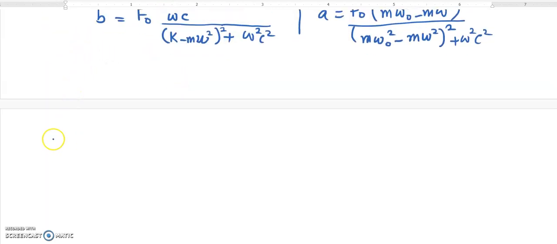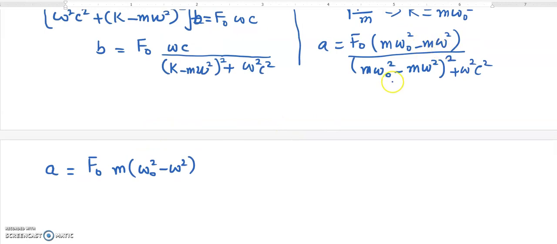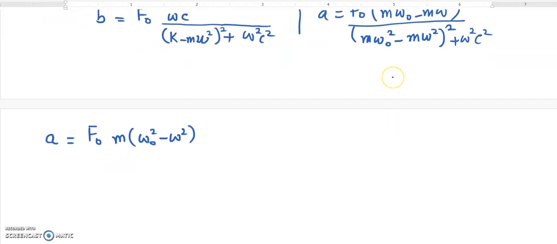So now A will become f naught. One can take m outside of this equation. So it will be omega naught square minus omega square. Yeah, m is taken out. Similarly, I can take m out from here.